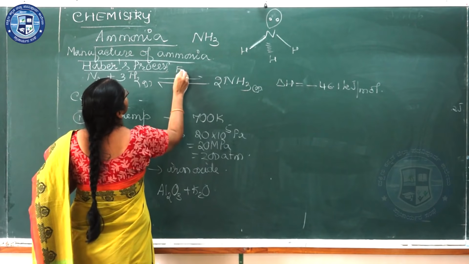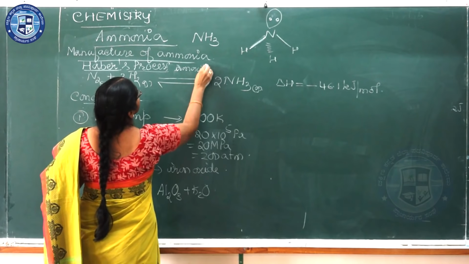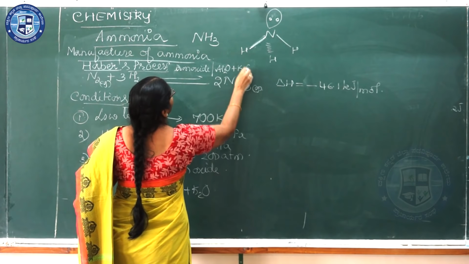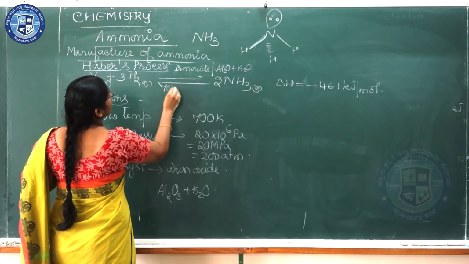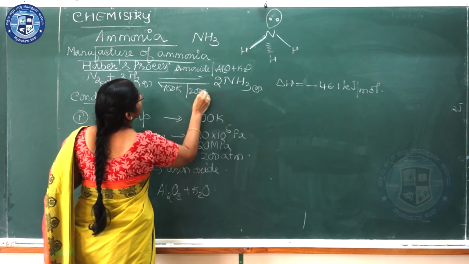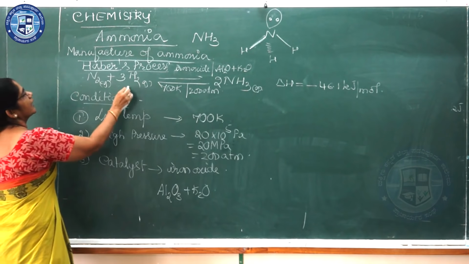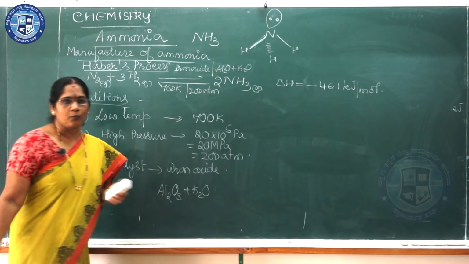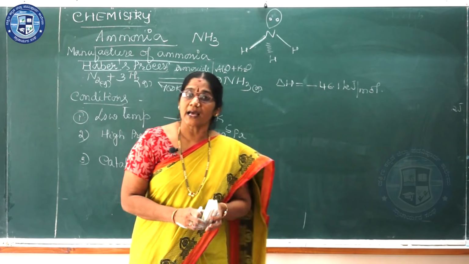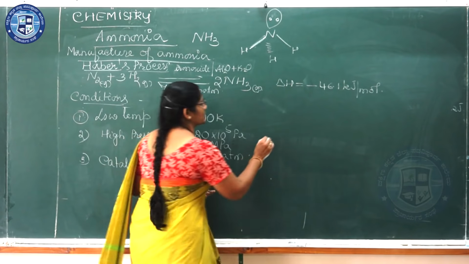Or I can write iron oxide catalyst along with the alumina and K2O mixture, 700 to 770 Kelvin temperature and 200 atmosphere pressure. When applied, nitrogen and hydrogen combine to give ammonia gas. Now we will see the flow chart for the manufacture of ammonia by Haber's process.